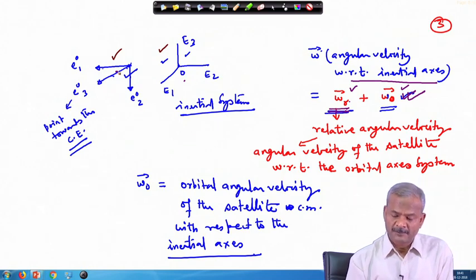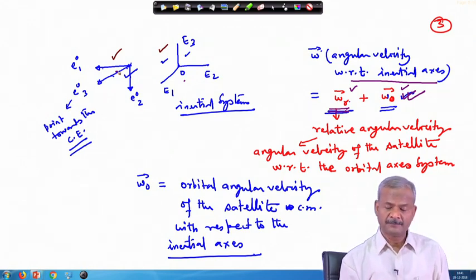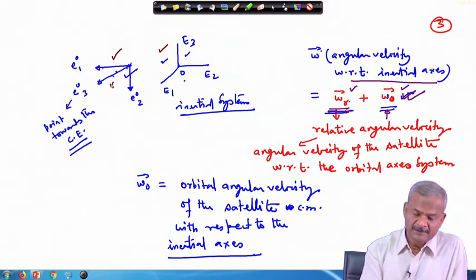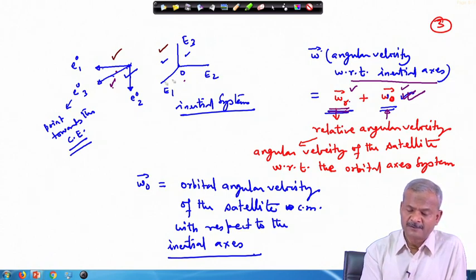So, you get this very clearly that the first rotation is the orbital reference axis rotation with respect to the inertial axis system.